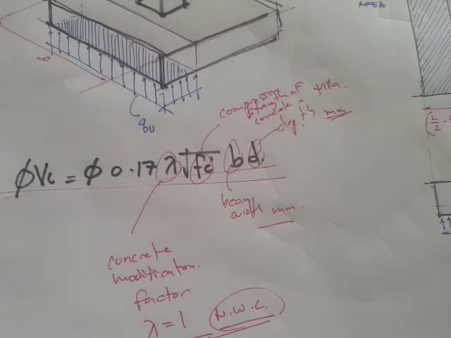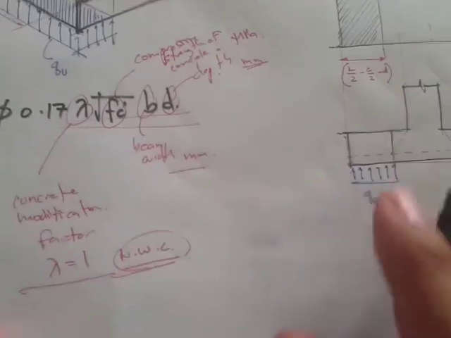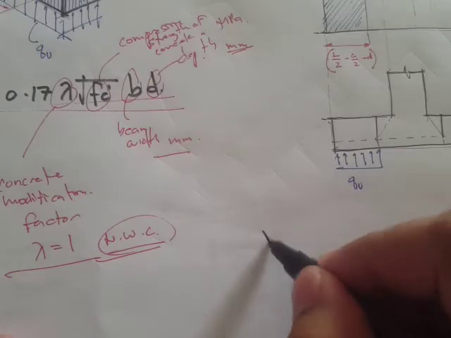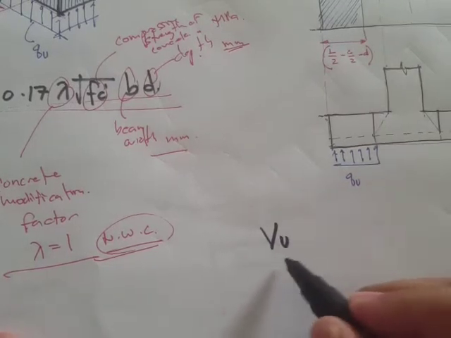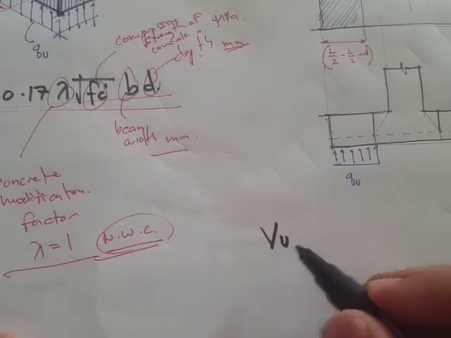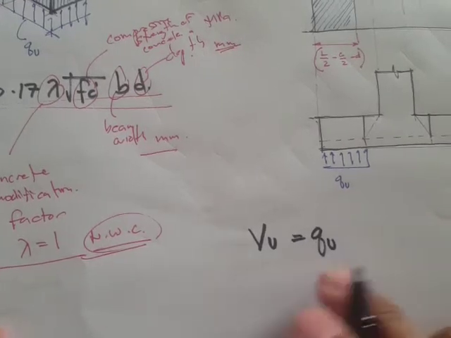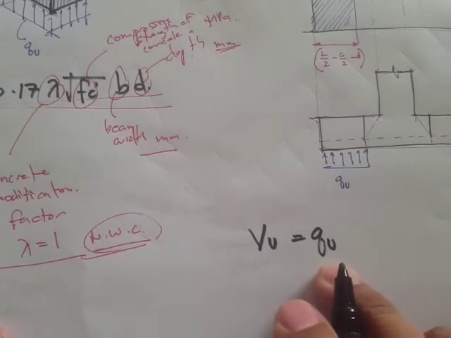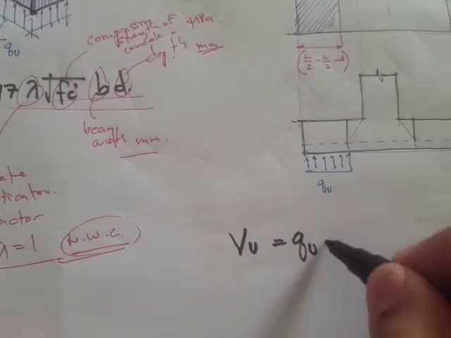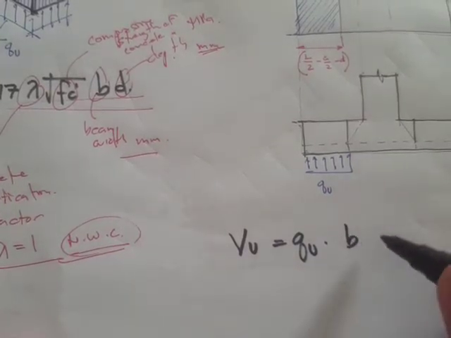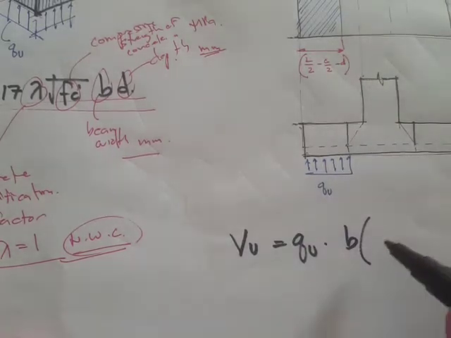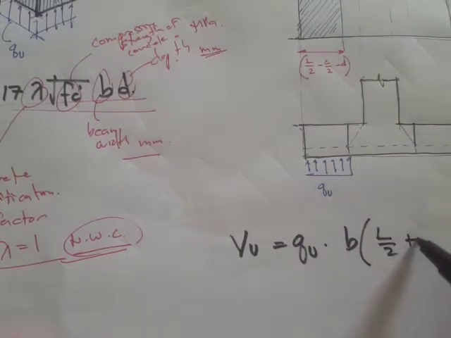Now, the loadings are given by these equations of V, that's the ultimate or factored load, V sub U, is equal to the factored soil pressure times B times this distance. Okay, so L over 2 plus C over 2 minus D.